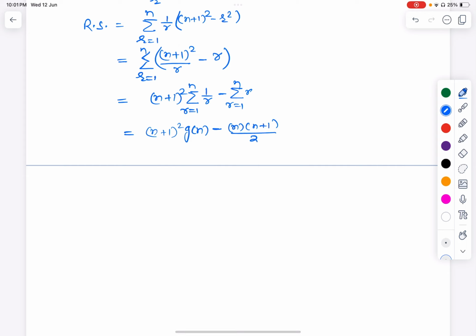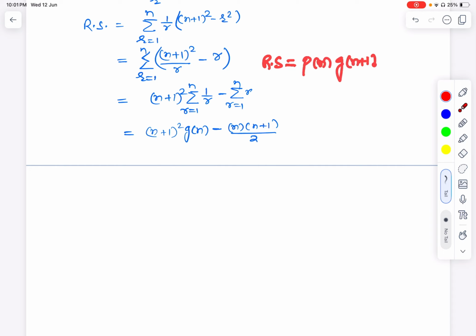Now what they are asking is that the required sum we have to write as P of n into g of n plus 1 minus Q of n. And we are getting here g of n, right? So g of n we know. What is g of n?